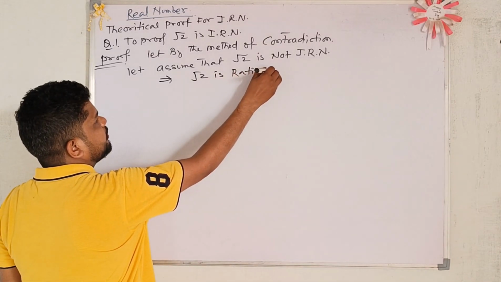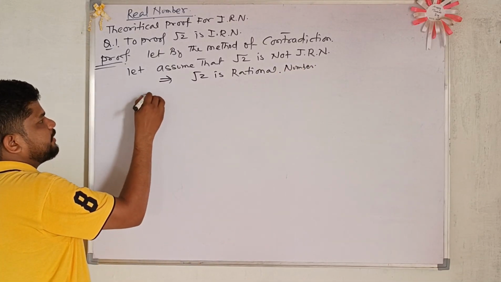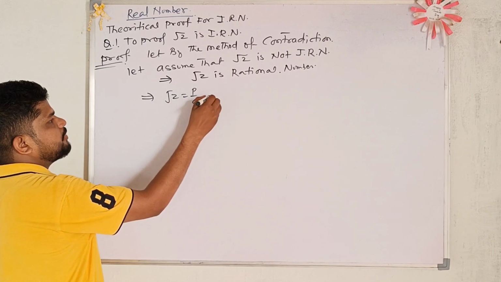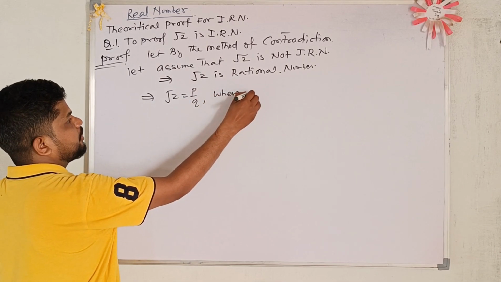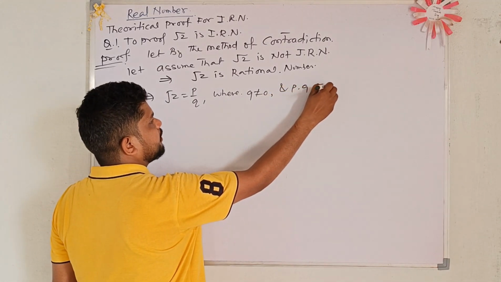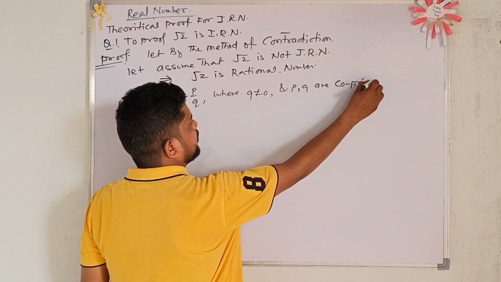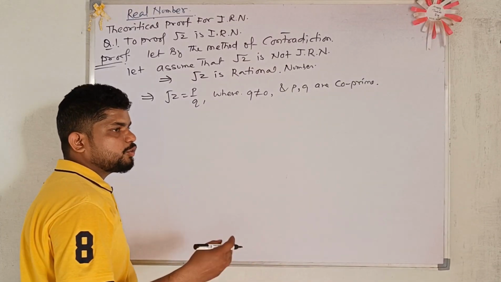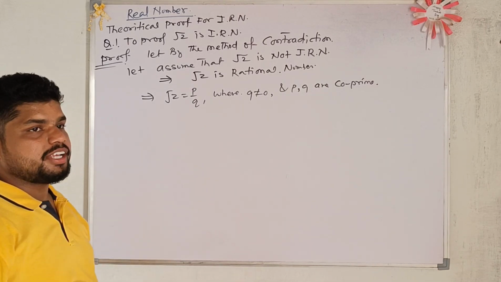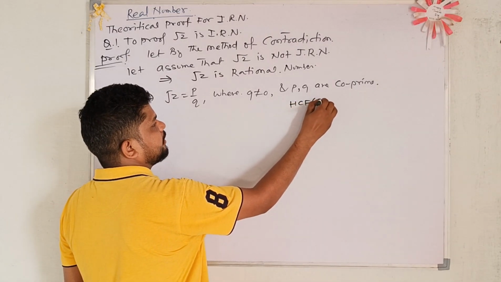So root 2 can be written in the form p by q, where q is not equal to 0 and p and q are co-prime numbers. We know from our basic knowledge up to class 9 that co-prime numbers are a pair of numbers whose HCF is 1.